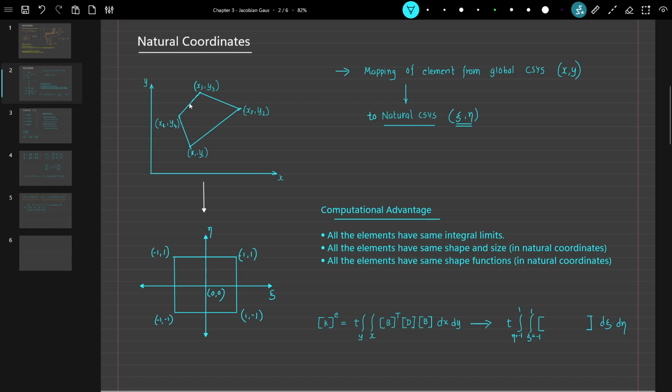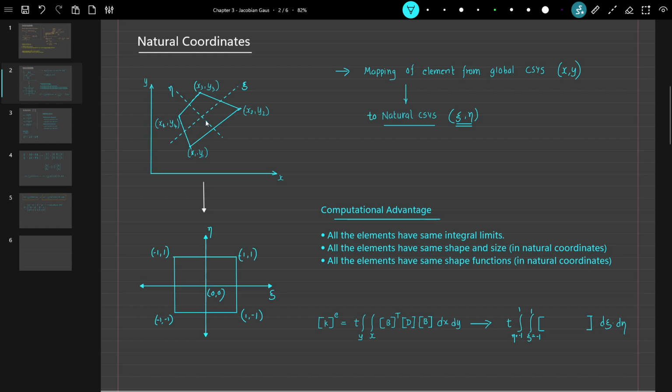So how is the mapping done? Basically we define the natural or local coordinate system at the element center. So this is zeta, and this is the eta axis.